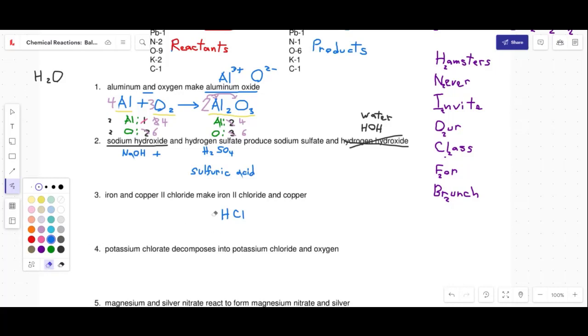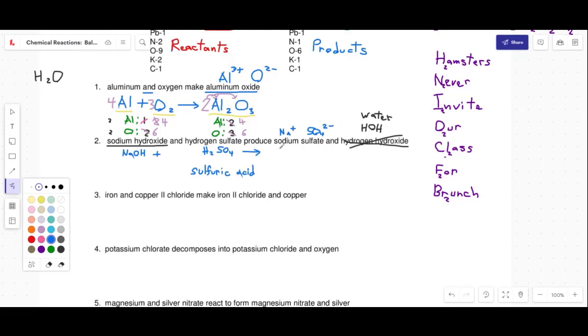With hydrogen, I treat it as if it was a metal when I name it not as an acid. But yeah, this is sulfuric acid. So H2SO4 and NaOH produce sodium sulfate. And of course, sodium is a +1, as you know, and sulfate is SO4 2-.